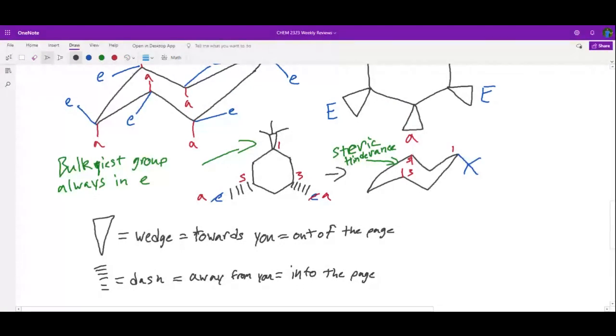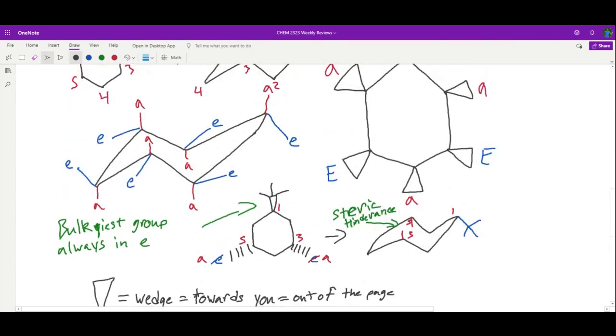Wedge will mean towards you or out of the page, and dash does mean away from you or into the page. So let's also look at the direction these are going. About 3, 4, 5. Okay, sorry. This should actually point the other way.